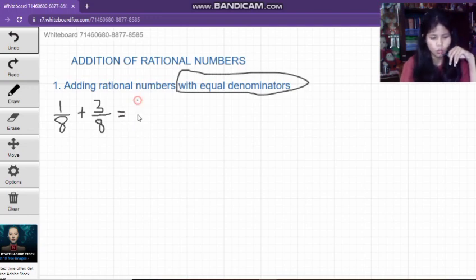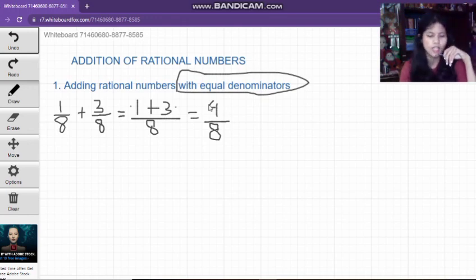Just 1 plus 3 and then over 8. 1 plus 3 is 4. Then we write 8 as the denominator. So we got 4 over 8 from 1 over 8 plus 3 over 8. Or we can still simplify this fraction.